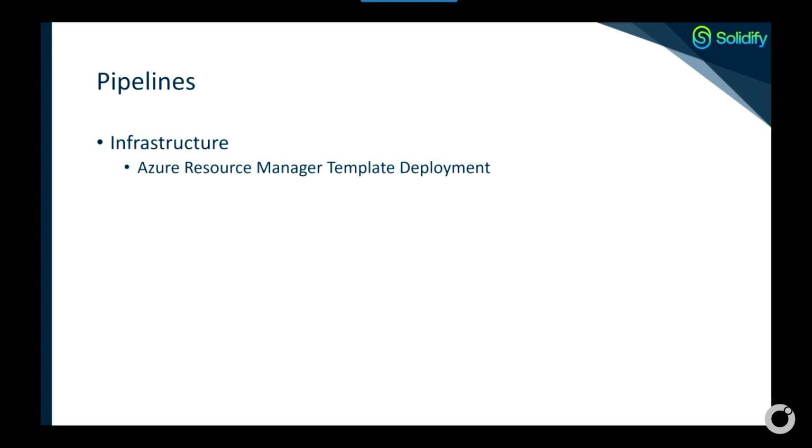So if we look at the pipelines, I have three. The first two, the one with the common infrastructure, that is quite straightforward, and the same with the one for the solution infrastructure. It's just using the Azure Resource Manager template deployment.